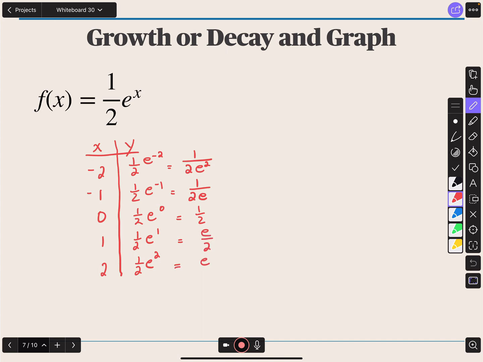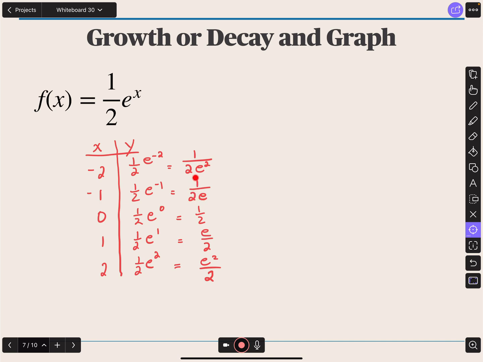And this will be e squared divided by 2. So you'd have to be very careful here to get out your calculator and evaluate some of these things. The half is easy, so 0 half. It's going to be easy to divide e by 2, 2.72 divided by 2. Just be careful when you're doing these.